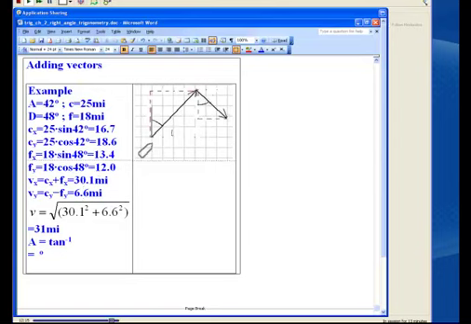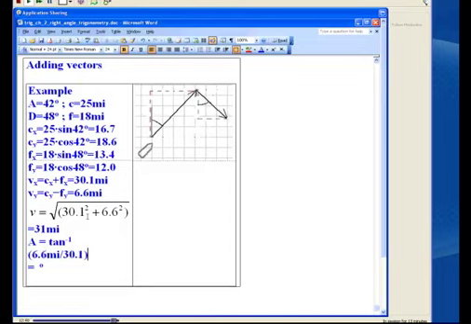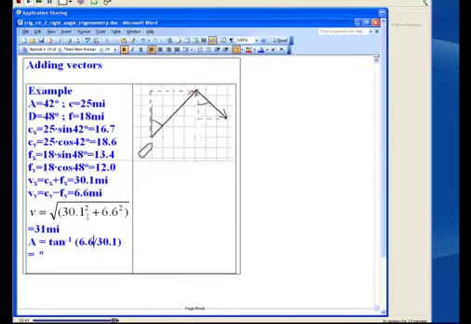In order to figure out what the angle is, we have determined the x component and the y component. And so in order to determine the angle, we take the inverse tangent of the y component, 6.6 miles, divided by 30.1 miles, and I'll leave out the units to save some space.